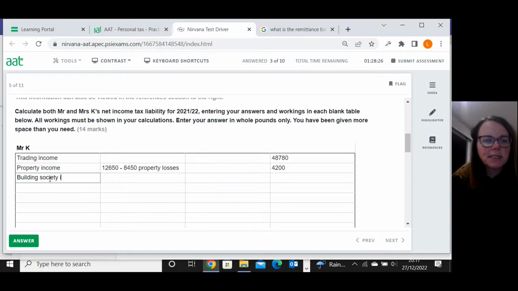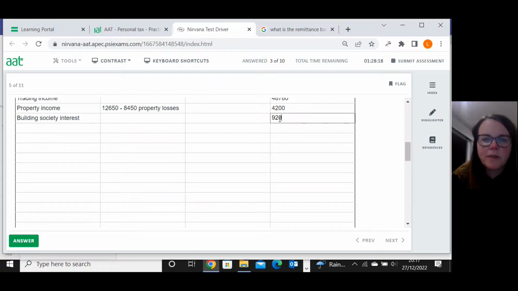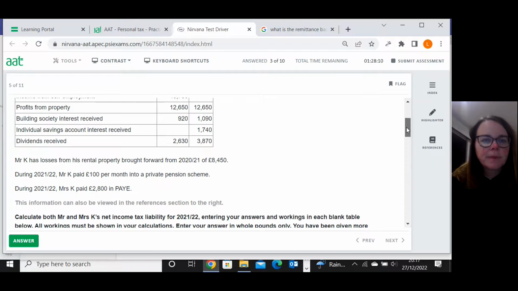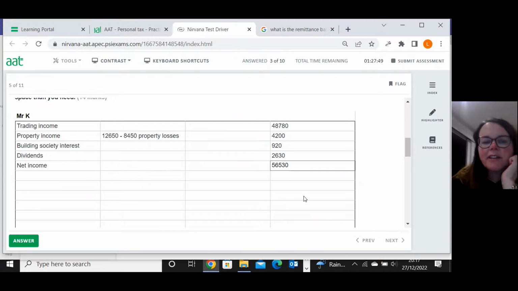We've then got the building society interest of 920. So we've got to think about whether there's any savings allowance to be had. And then he's got some dividends, 2,630. So we know 2,000 of that will be taxed at 0%. So let's total up our net income for Mr. K. If we add up all of those four figures, we get 56,530.